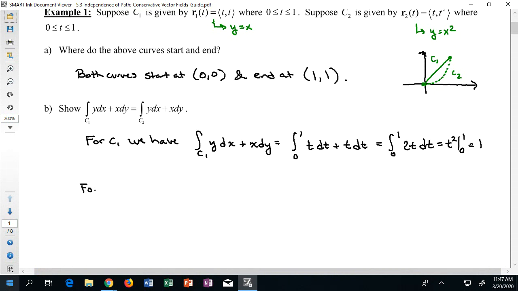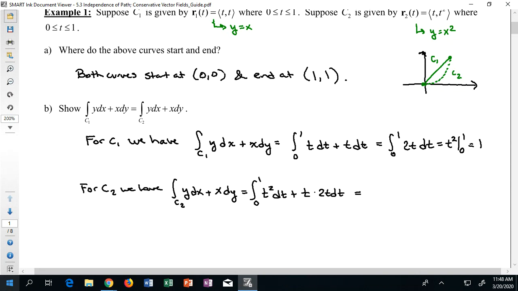Okay. For C2, we have the integral over C2 of y dx plus x dy. That's still an integral from 0 to 1. My y there, though, is a t squared. My dx is a dt. And my x is a t. My dy is a 2t dt.